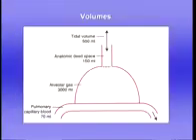And here are some typical volumes of the lung. First of all, we've got the tidal volume. That's the volume of each breath. And that is approximately 500 ml. Now, of course, there's a good deal of variation around this, but that's a good ballpark figure, 500 ml for the tidal volume. But of course, not all of that tidal volume gets into the alveolar gas compartment.